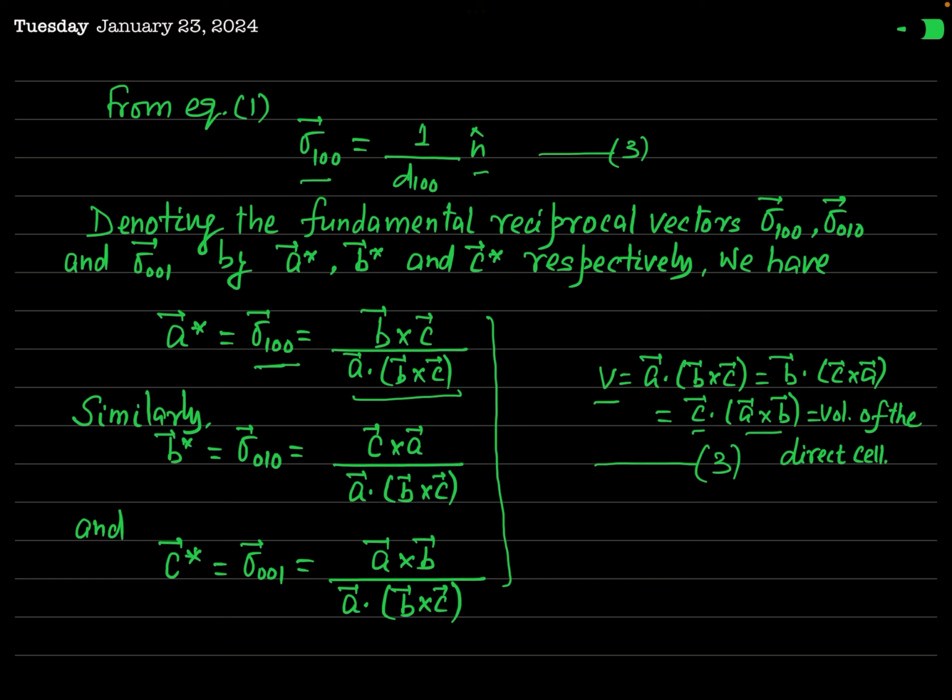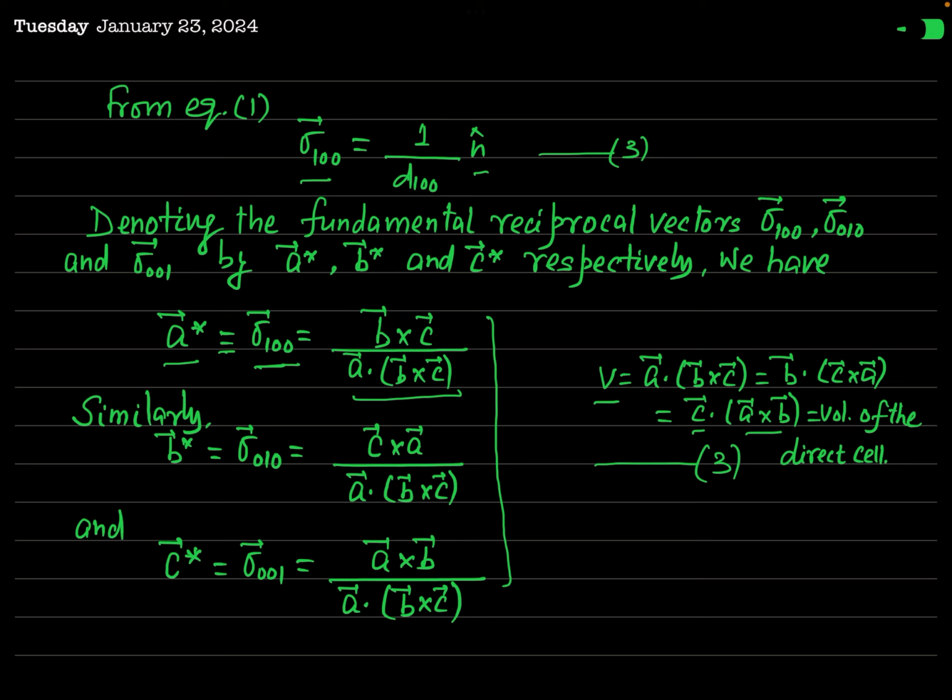And for convenience, this primitive translation vector for the reciprocal lattice is denoted by A star. Okay. So sigma 1 0 0 is written as A star. You can write the sign of equivalence.